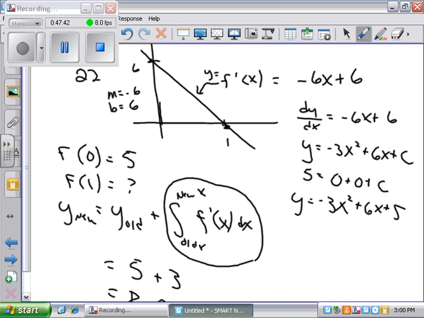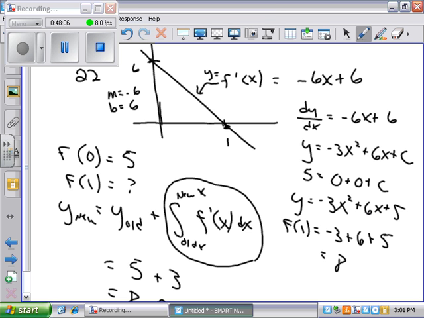And then you can get what y is when x is 1 if you plug 1 into here. Negative 3 plus 6 plus 5, which is going to be 8. So that would be the more old-fashioned way of doing it: take the antiderivative, figure out what c is. This is the second, a different way of doing it.